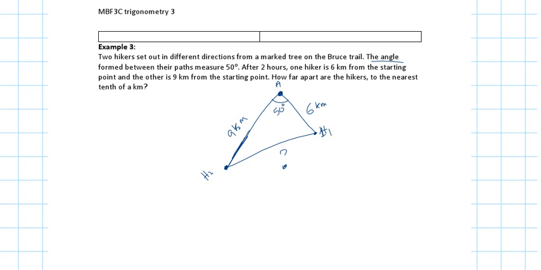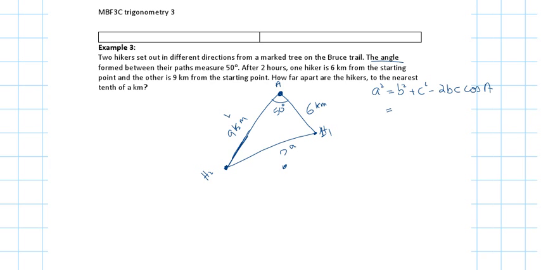Let's say a squared equals, so let's call this b, this c. It doesn't matter which one is which in this case. 9 squared plus 6 squared minus 2 times 9 times 6 times cosine 50.